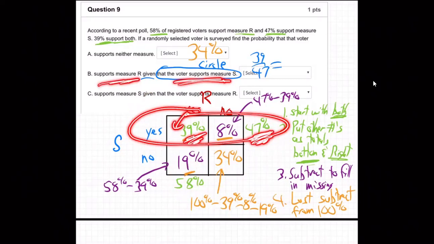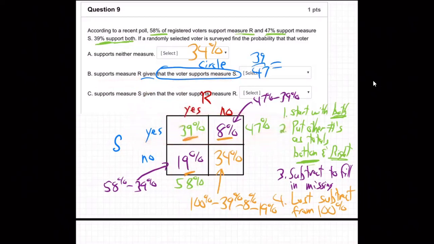They're 39 out of 47. That's always how we do given, right? We narrow our focus. And I'm getting 0.8297. So that would round to like 83%, because you got to move the decimal 2 places. Round it off.